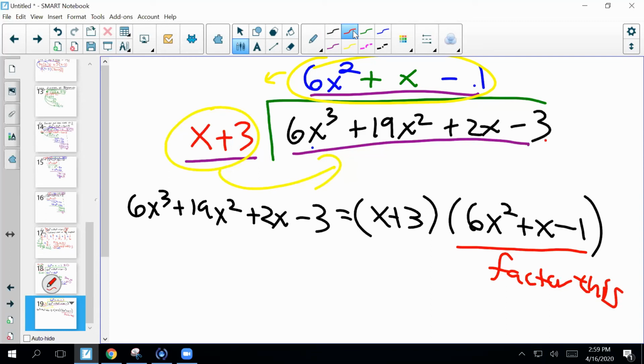And that's not necessarily an easy factor. In fact, in this case, it's not easy. It's going to be one of these AC method ones. So I'm going to go through that fast also, but just keep in mind, we're actually done with the PQ part of it. So we're done with the new stuff.